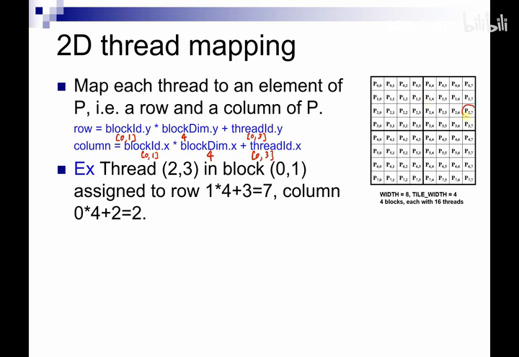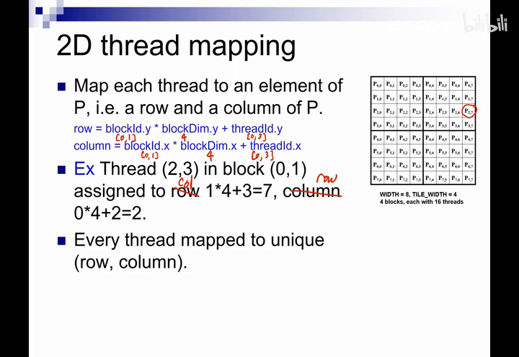So this thing here is going to be assigned to a row, so we do this computation shown in blue, and then it's going to be assigned to this matrix element, the one in the 3rd row, 8th column. Sorry, this should be column here, and this should be row here. Sorry about that.